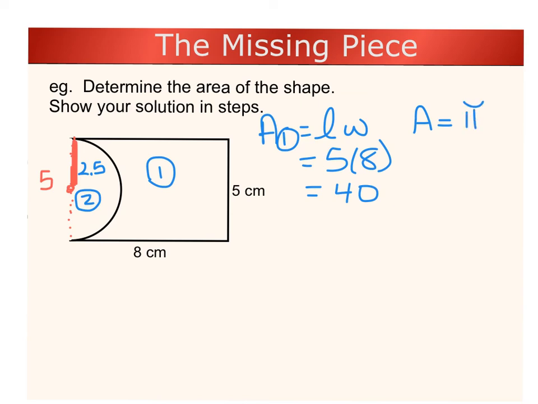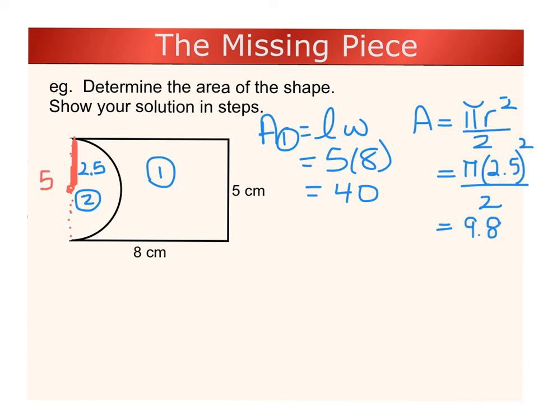And then I need to do the area of that little semicircle that I cut off. Area of a circle is pi r squared, but it's a semicircle, so I divide it by 2. So pi, my radius, we figured out, is 2.5 squared divided by 2. In my calculator, I hit 2.5, then my x squared button, times my pi button, and then divided by 2, and I'm going to round that to 9.8.